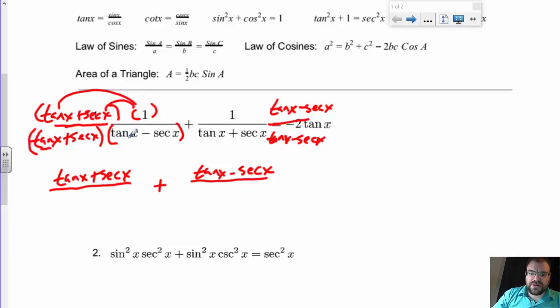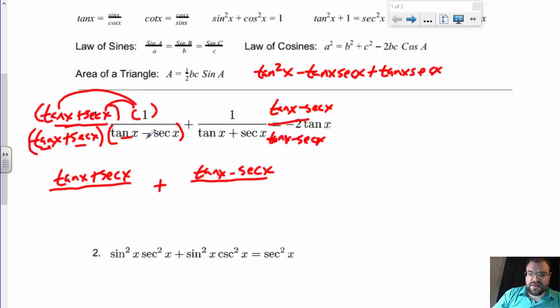Tangent times tangent is tangent squared. Now tangent times negative secant is negative tangent secant. I'm working out every step so you can see what's happening. I have secant times tangent, which is positive tangent secant.